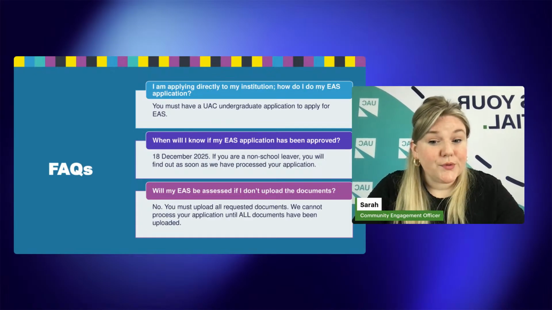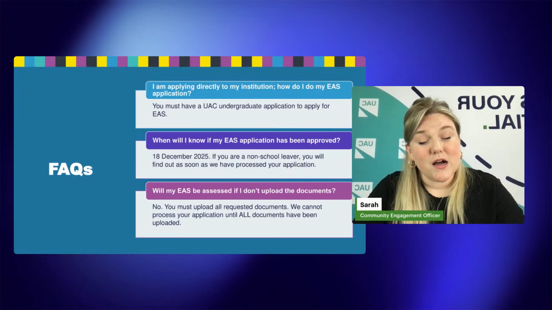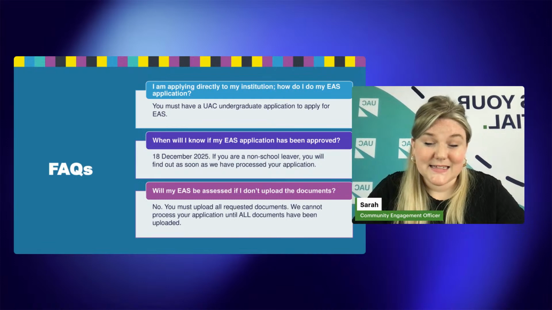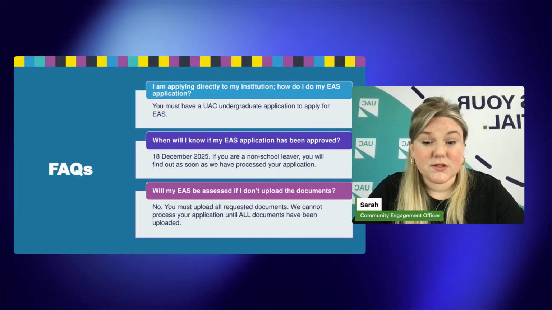When will you know if your EAS application has been approved? If you are a current Year 12 student, you will find out on the 18th of December 2025. If you are a non-school leaver, you'll find out as soon as we've processed your application. And I know that some of you who might be watching might be current Year 11 students, maybe Year 10 students.